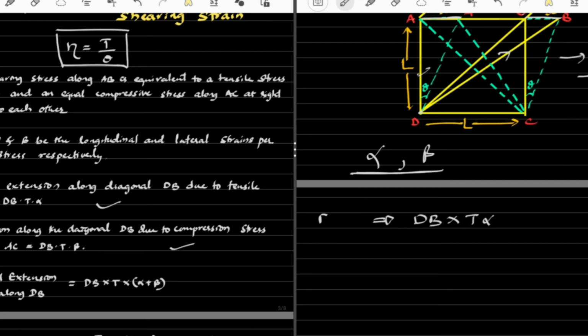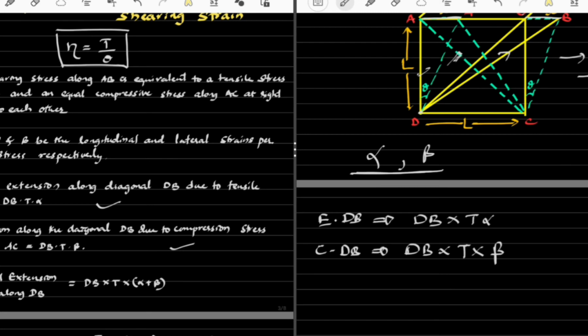So this is extension along the dB. Similarly the compression along the dB is dB into tensile stress along the AC into beta. Beta is a compression along that AC.